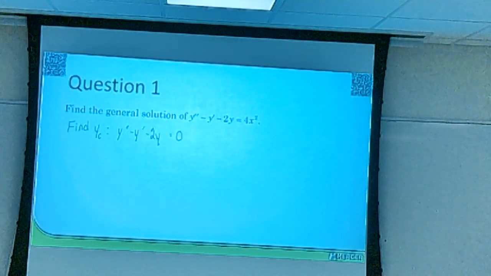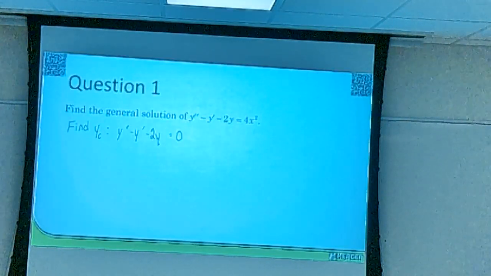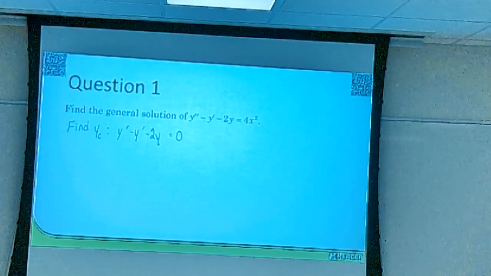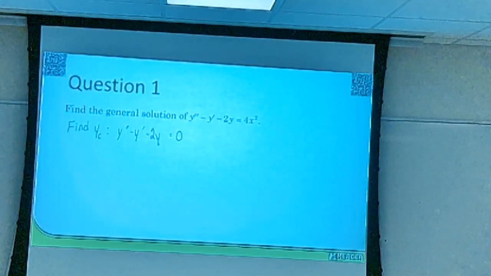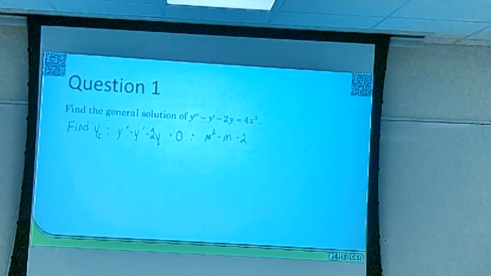And that's just solving the homogeneous equation, which we just did. So auxiliary equation, find your roots.